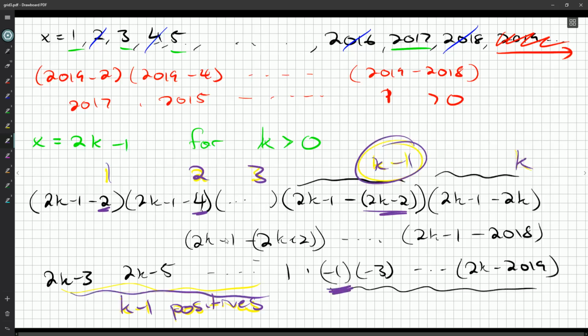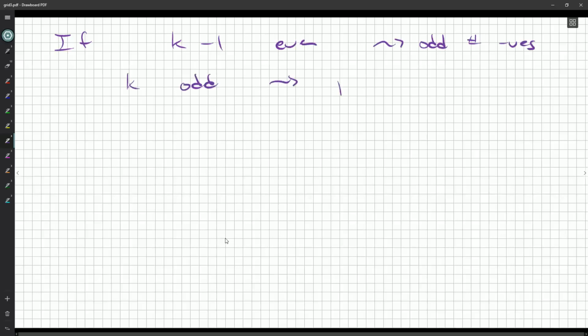Okay? So if k minus 1 is even, then that means an odd number of negatives. So if k is odd, then the product is less than 0.